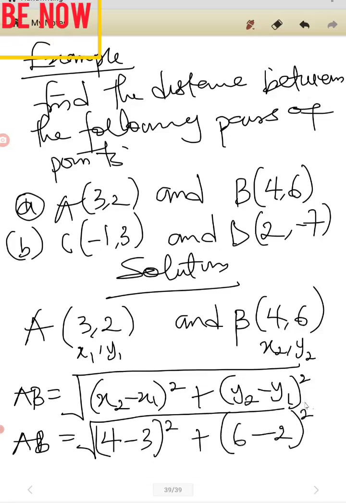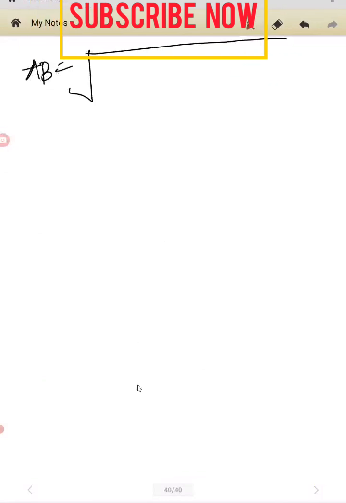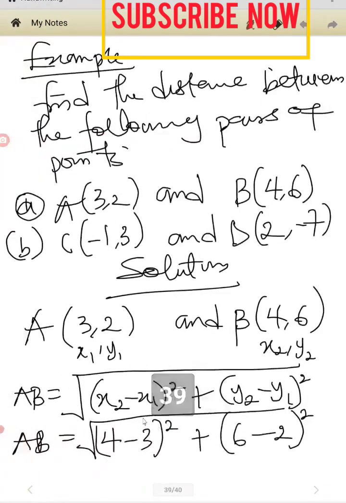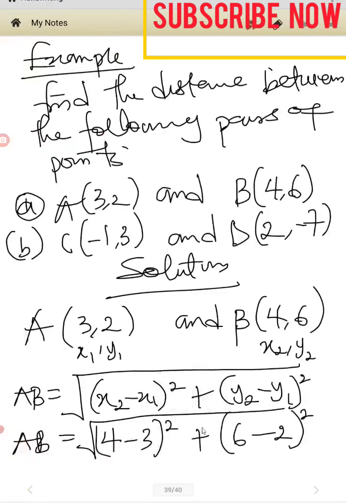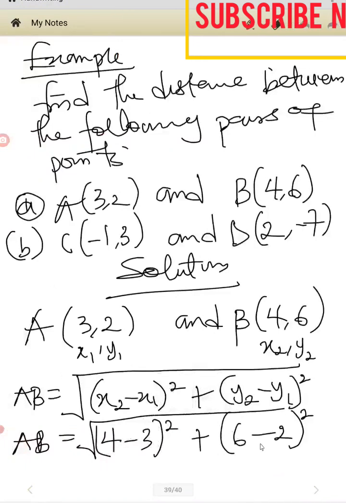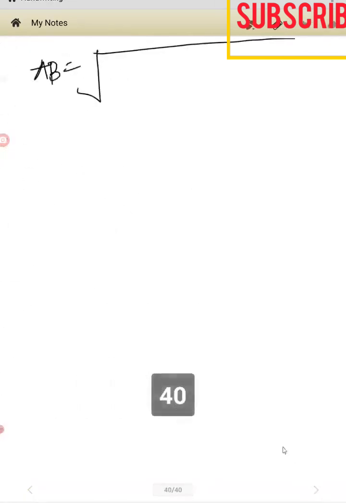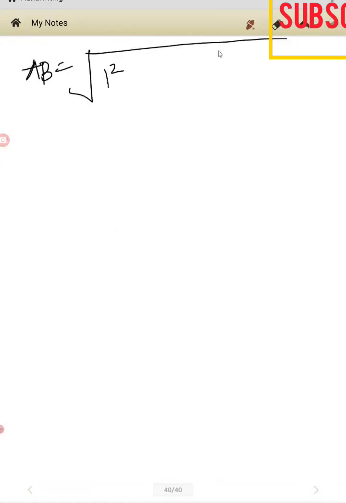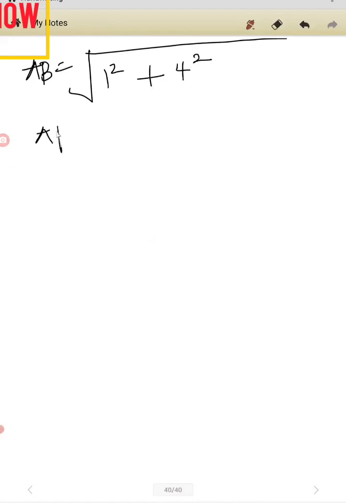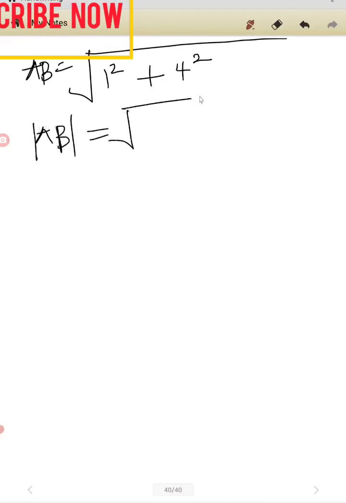So in continuation, you now have AB equal to the square root of 4 minus 3, which gives you 1, and 6 minus 2, which gives you 4. So we have 1 squared plus 4 squared.